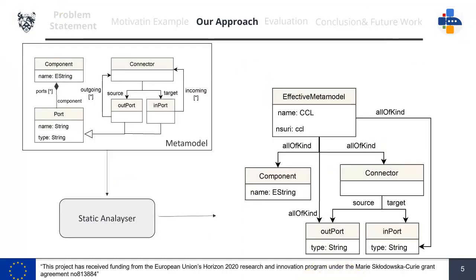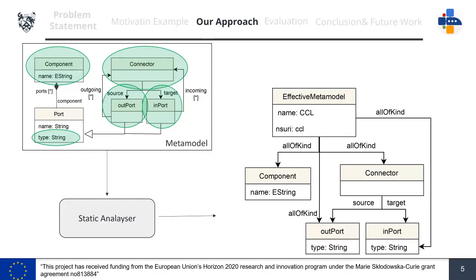Okay, here is the same example. As I mentioned, a static analyzer analyzes the program, goes through the AST, the abstract syntax tree, then resolves the types and says, okay, we need the model element Component with the Name attribute. So it's added to the effective metamodel.